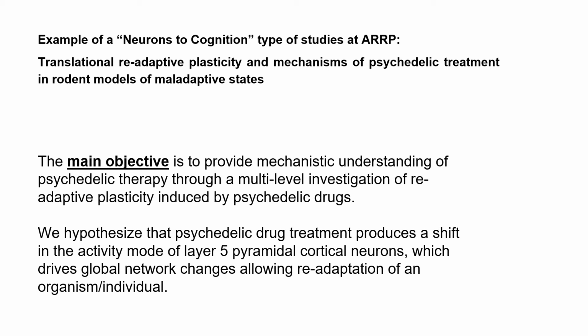And this is why the ARP facility, the Awake Rodent Research Platform, is so strategically well situated to study this, because we do have the equipment and methods and the expertise to study neurons, synapses, networks, and behavior at the same time in one experiment, and correlate between these different modalities and levels, and also possibly start finding some causal relationships, not just correlations.